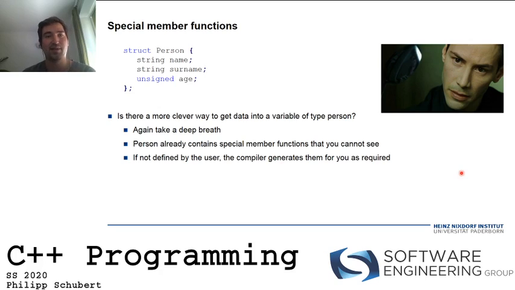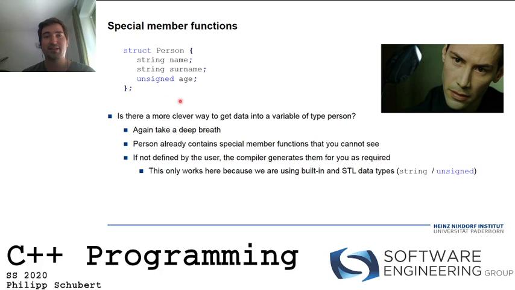And it will also complain if it can't auto-generate them. Here our type is perfectly fine, but this only works because we're using built-in data types, which unsigned is one of, and STL data types, namely std::string here. So that's why it works.